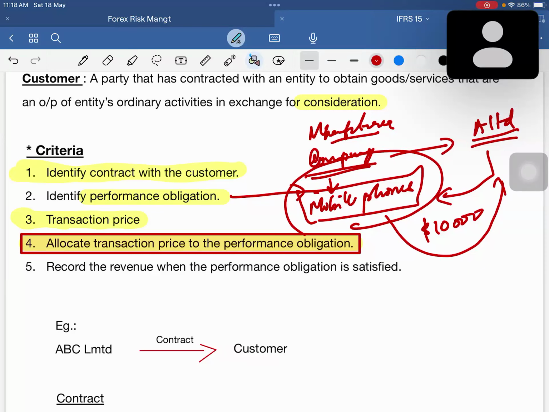But generally, the business doesn't actually incur any loss, because they are going to allocate the transaction price into those products that they have provided, whether it is on an offer price or a discounted price. It is going to be accounted for individually, in its own price.